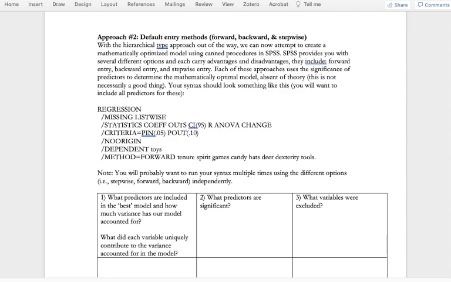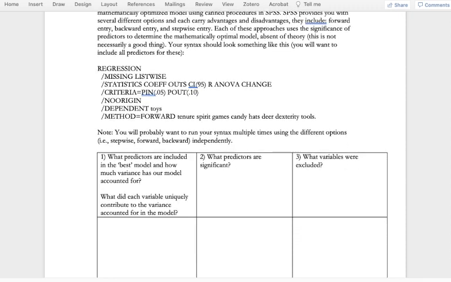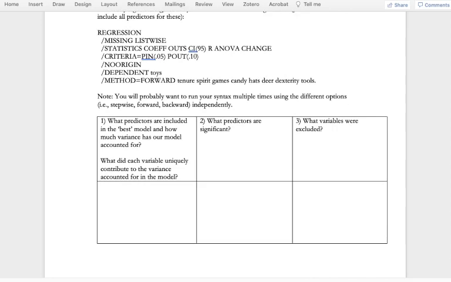If you see the final line of the syntax, method equals forward, just change that to stepwise or backwards, and you can run all 3 of them. So using what I've already talked about for how to interpret the significance of each step, fill out these tables.